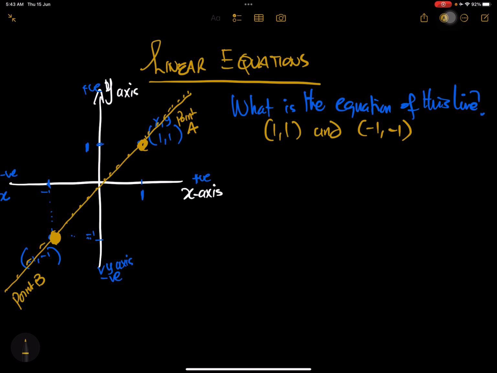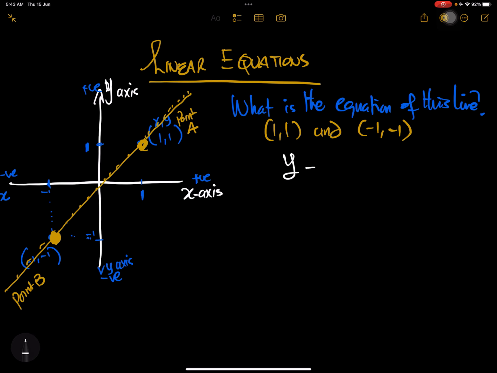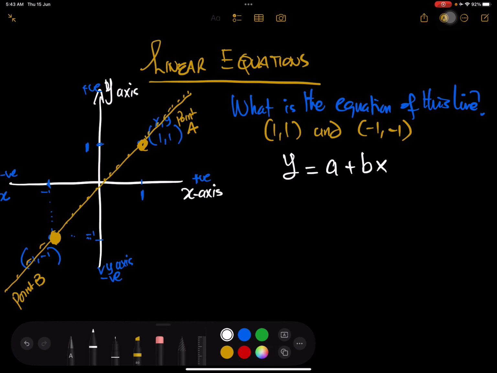Now we said that for every line, the equation of the line is of the form y equals a plus bx. Don't forget that. The first thing we do is to find the slope, or the gradient, or the coefficient of x.